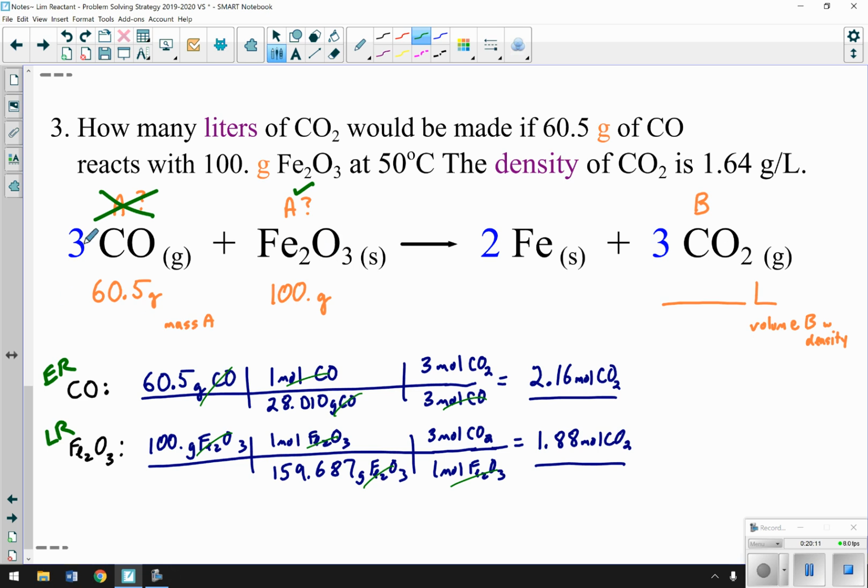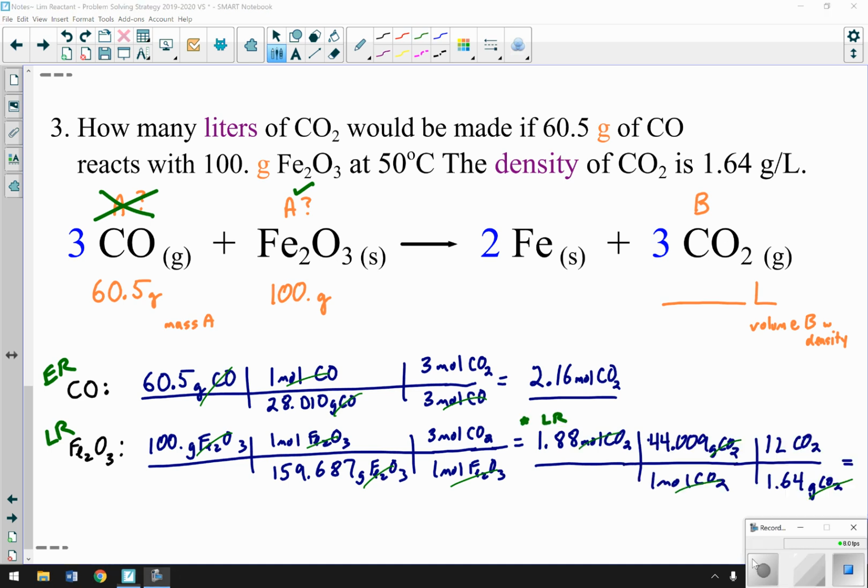Again, though, what we're going to do is use our limiting reactant, Fe2O3, to carry our problem on. So we need to go from moles of B to mass of B, and then divide by the density. So we take our limiting reactant where we're at the moles of B step. To get mass of carbon dioxide, we multiply by the molar mass, 44.009 grams per 1 mole.